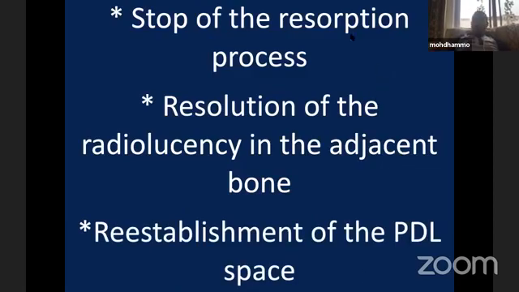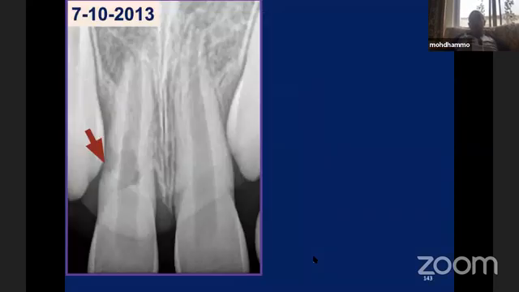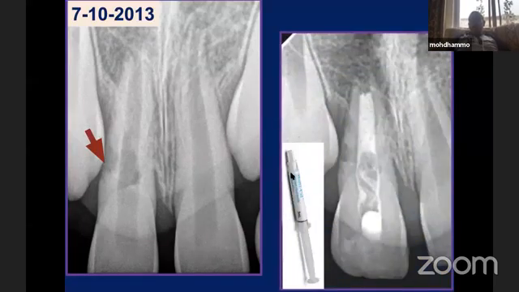So when the resorption stops, the radiolucency of bone disappears and we have re-establishment of the periodontal ligament, we know our treatment was successful. So let's see here. We have a resorption here, external resorption. I placed calcium hydroxide for about 15 days.